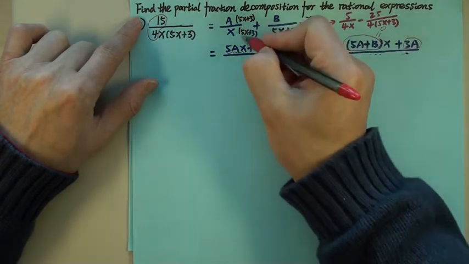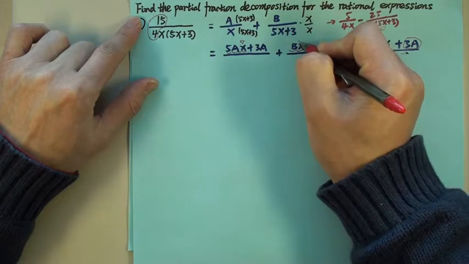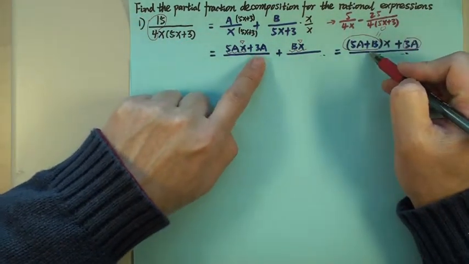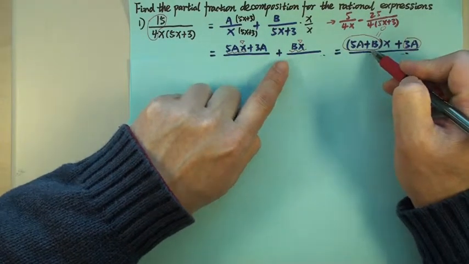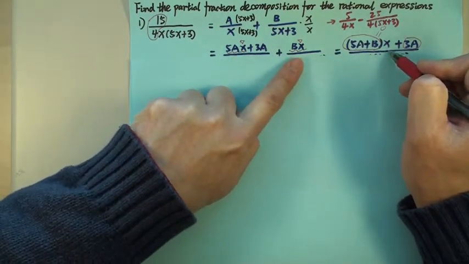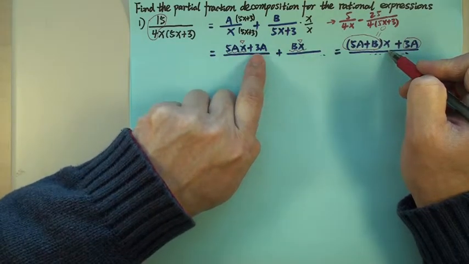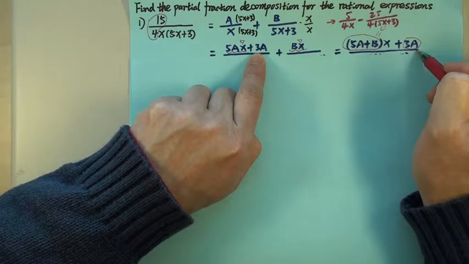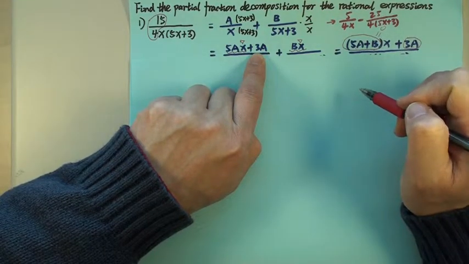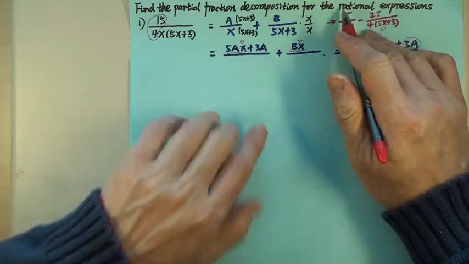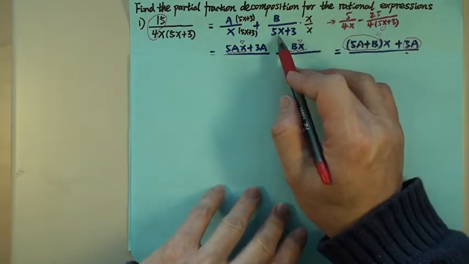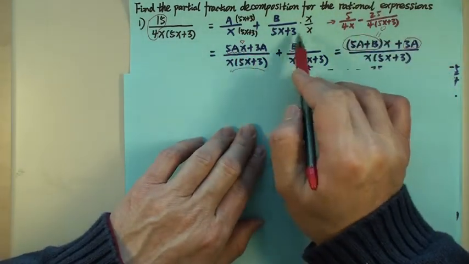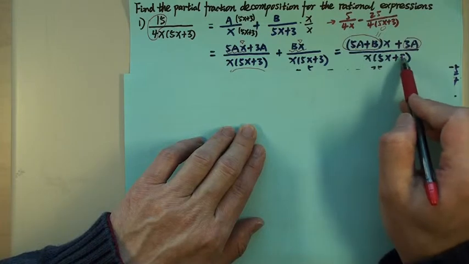So we pull x out, and then we have 5a plus b, because x is out. So 5a plus b. And the constant term is 3a. That's the way we add numerators. Now, the denominator, x times 5x plus 3, we keep it. They have the same denominator, so we keep it.